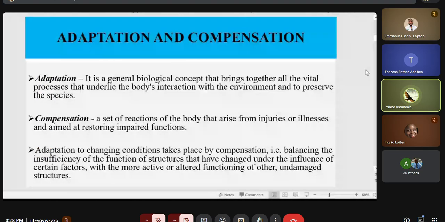Now, when it comes to adaptation, let me give an example like paralysis. You can realize that there are some individuals on the street whose lower limbs are paralyzed.